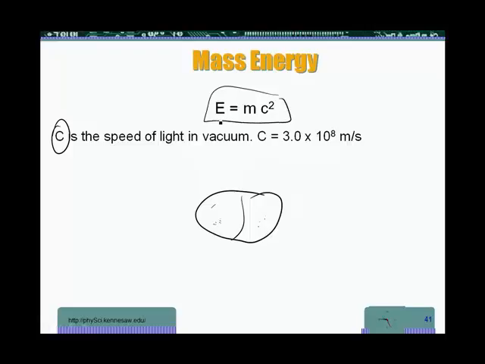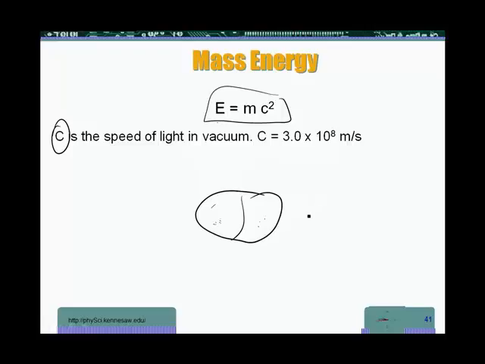And that changed mass is going to change according to this expression, E is equal to mc squared.